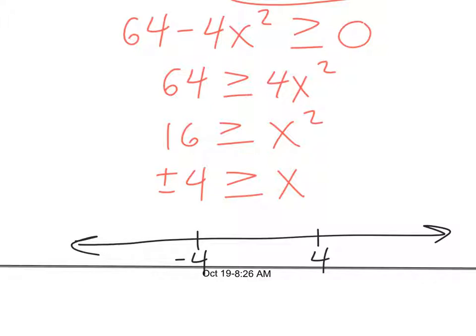So now here's what I have to do: test 3 points. Okay, let's say, down here in this first part of the graph, you have all kinds of options. You could plug in -5.